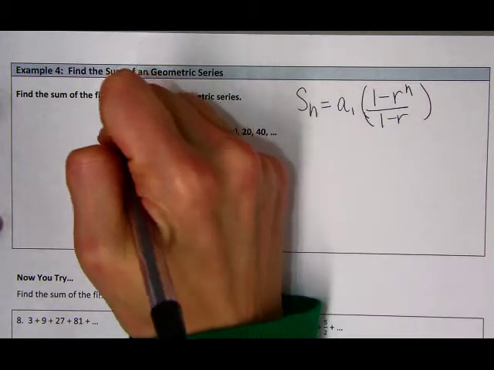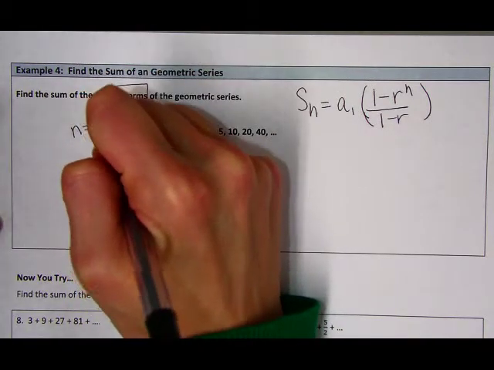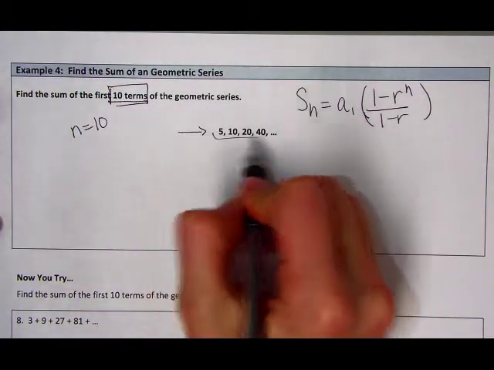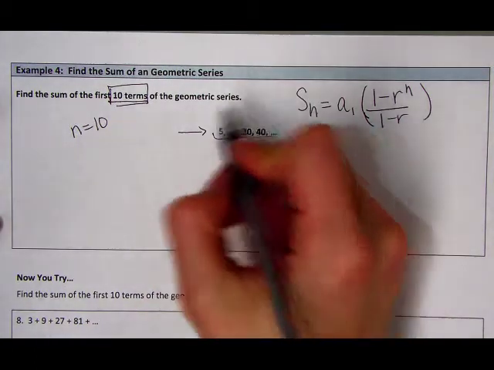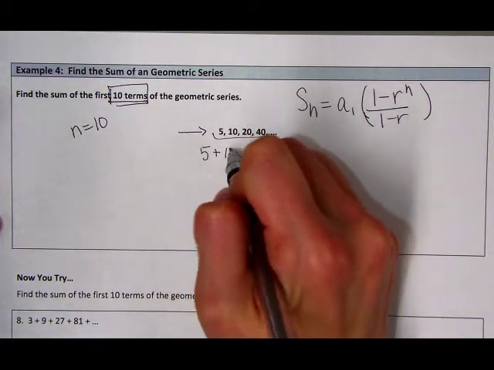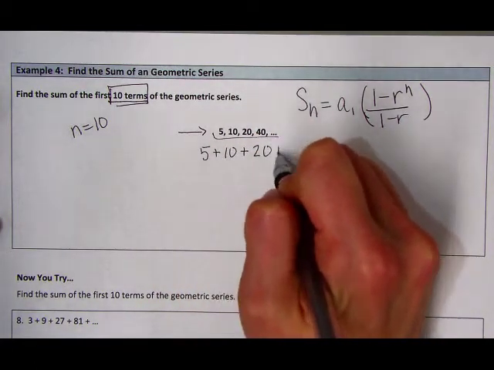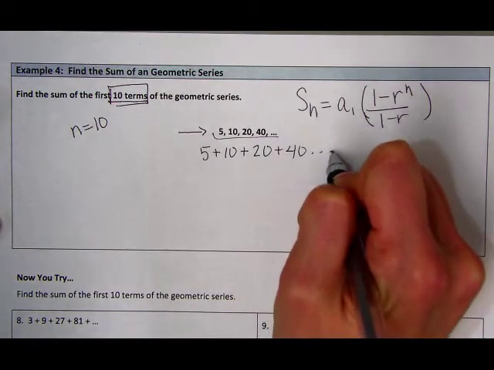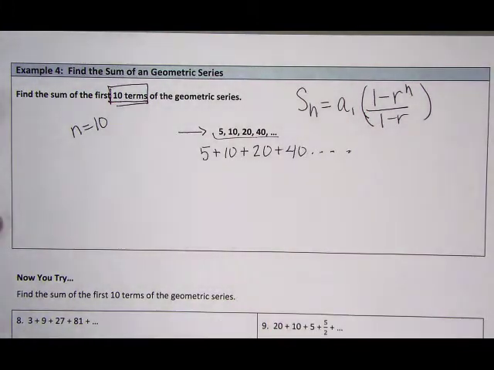So, since we're looking for 10 terms, we know that n is going to be 10. From our sequence here, we know that we're trying to find the series. So the series obviously has us adding all of these terms up, and they continue on 6 more times. But I'm not going to continue the pattern. I'm just going to use the rule or the formula here.